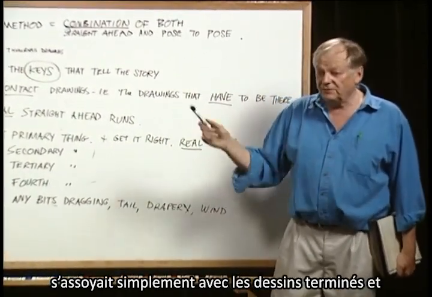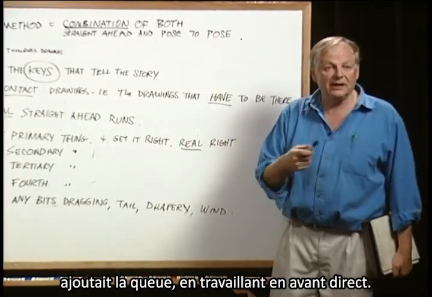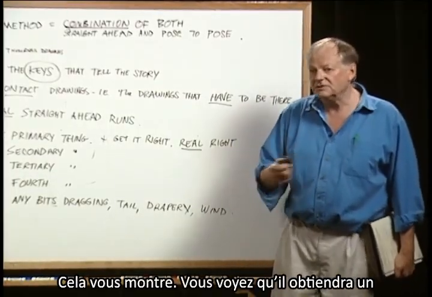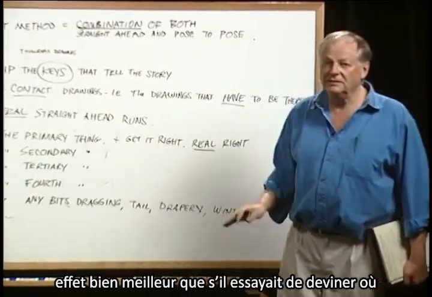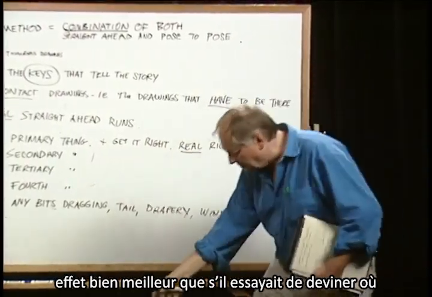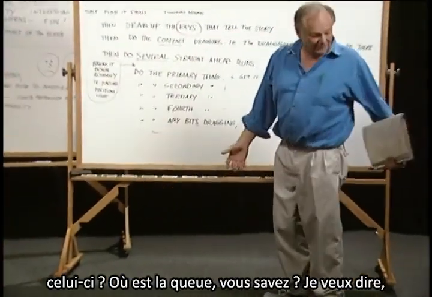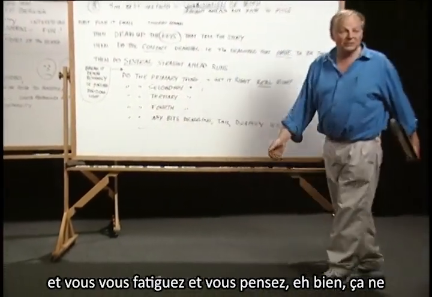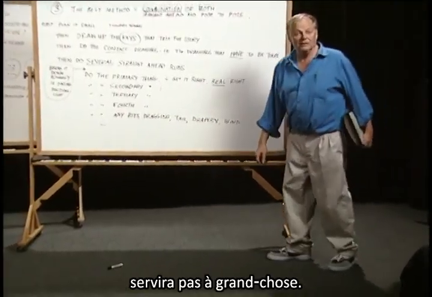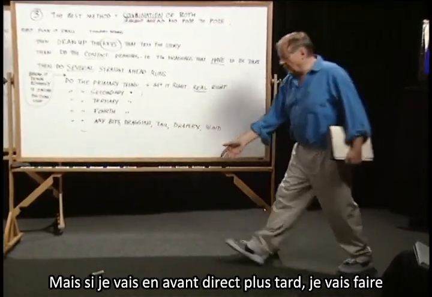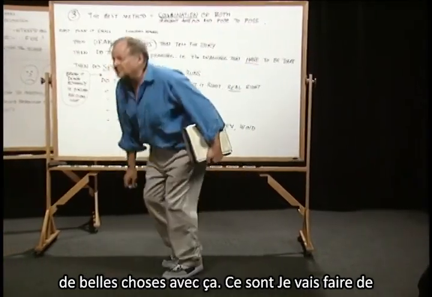And then he'd just sit down with the finished drawings and put the tail in, working straight ahead. That shows you he's going to get a much better effect than if he's trying to figure out, where's the tail on this drawing, where's the tail on that? You just wear yourself out and you think, well, I won't do much with it. But if I'm going straight ahead later, I'm going to do nice things with it.